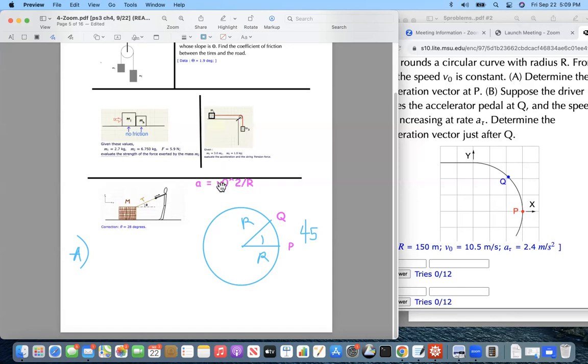Now, that's the magnitude of the acceleration. It's just the centripetal acceleration towards the center of the circle. So here's the center of the circle.